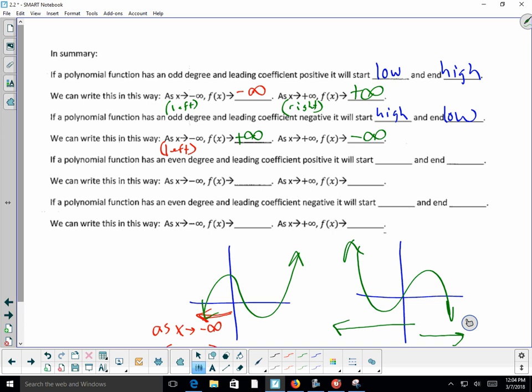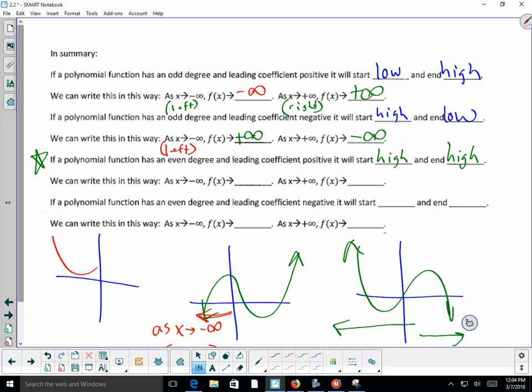If the polynomial function has an even degree and leading coefficient positive, then it does what, Spencer? We're on this one right here. All right, starts high, ends high. Do people agree with that? Yes? And then we can write this in this way. So we're talking about a graph that looks something like this.